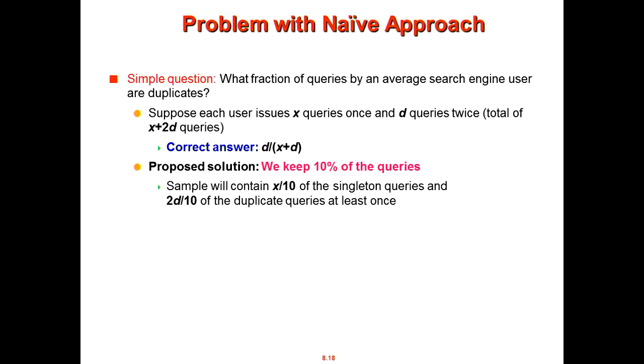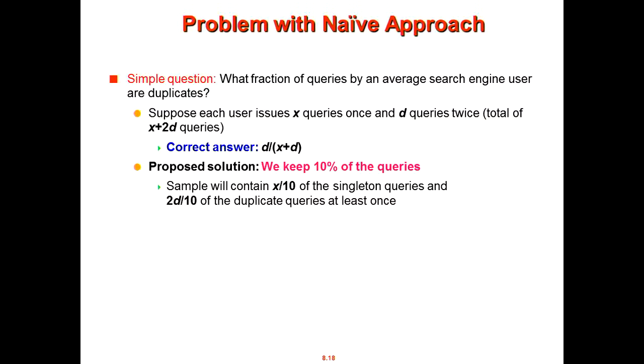In the original 2D queries, we have 2D queries, and each query appears twice, and all these D queries are duplicates, right? But remember that now we only keep 10% of the 2D queries. So some queries are duplicates, but some D queries actually are not duplicates, because only one copy is sampled.